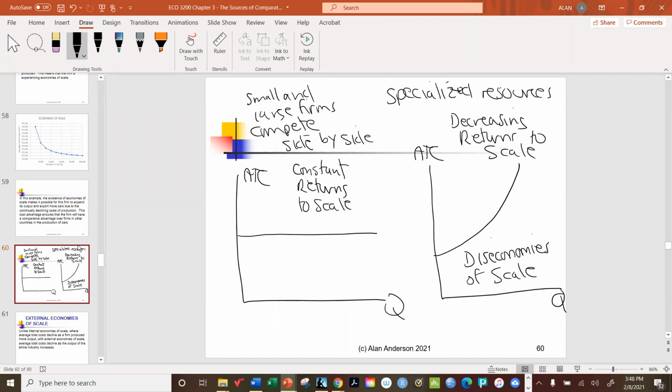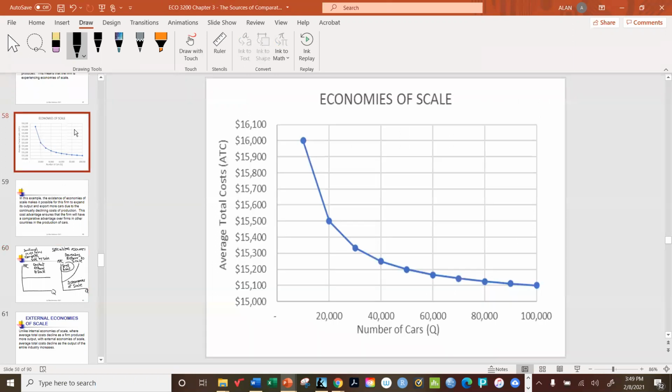And in this last case, this one tends to be characterized by small firms because getting big is actually harming them. Okay, so these two cases will not help us gain comparative advantage, but economies of scale will. All right, we're competing with countries that do not necessarily have these economies of scale. And so this is how we can gain a comparative advantage.